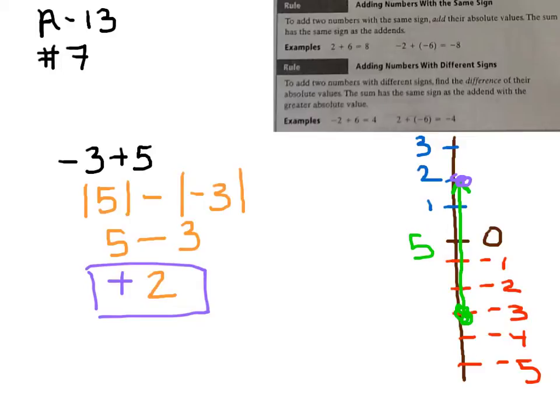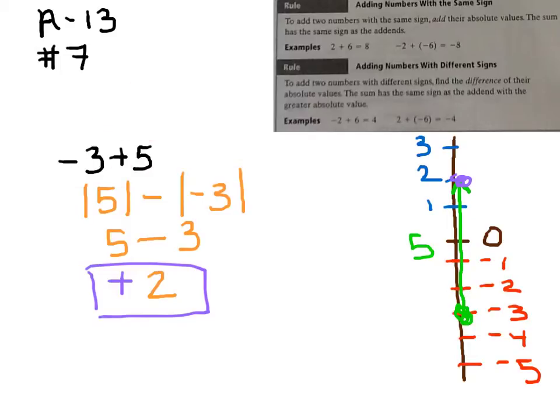All right, so on the video quiz, I'm going to ask you this question: how do I decide if my answer is positive or negative? And the answer is it is always going to be the sign of whichever of these two has the greater absolute value.